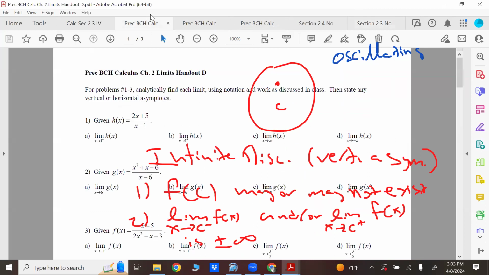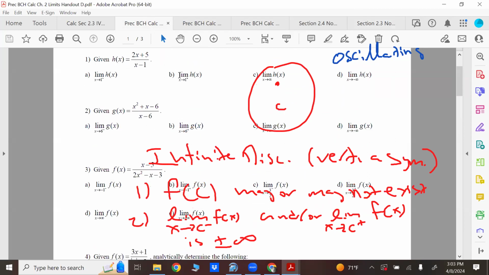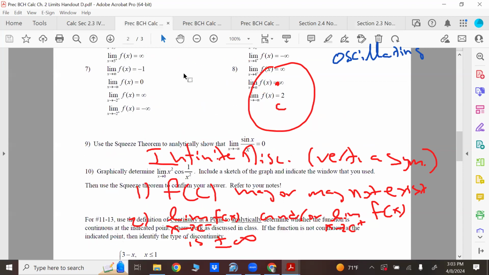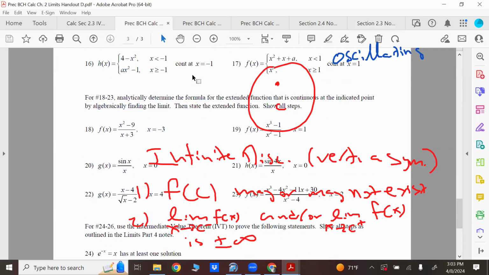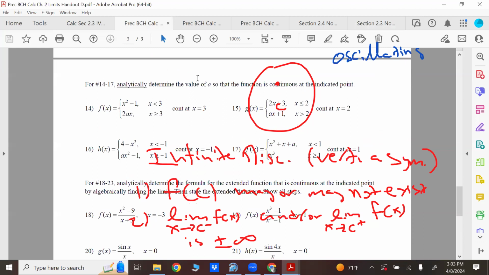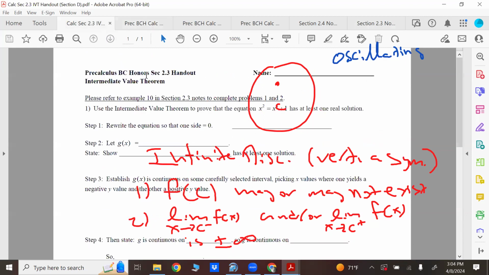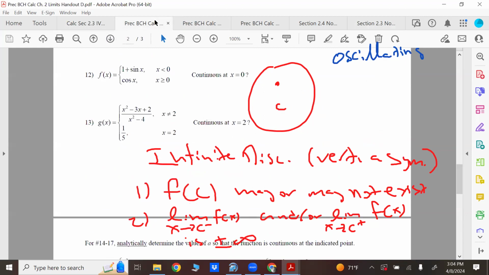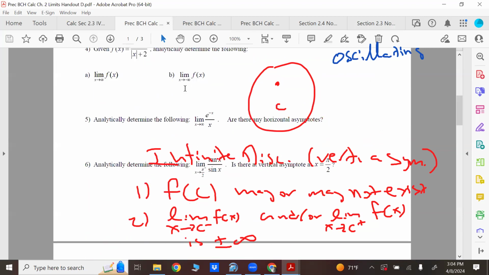So homework, what I want you guys to do for homework, I'm going to have you do section D. I think section A. Wait, no, sorry. This is the review, that's review for tomorrow.